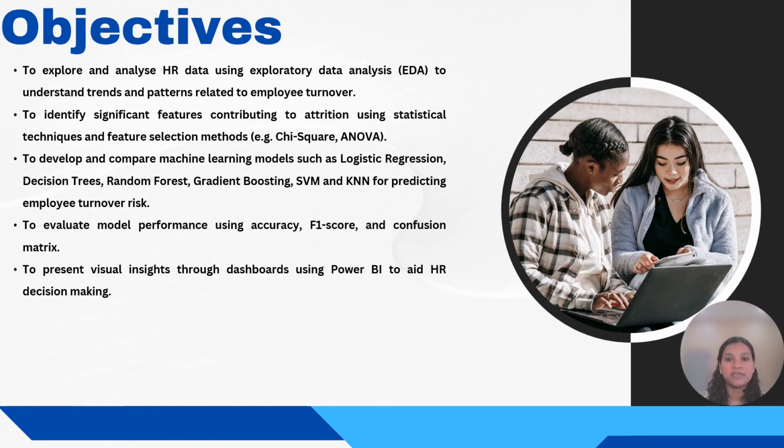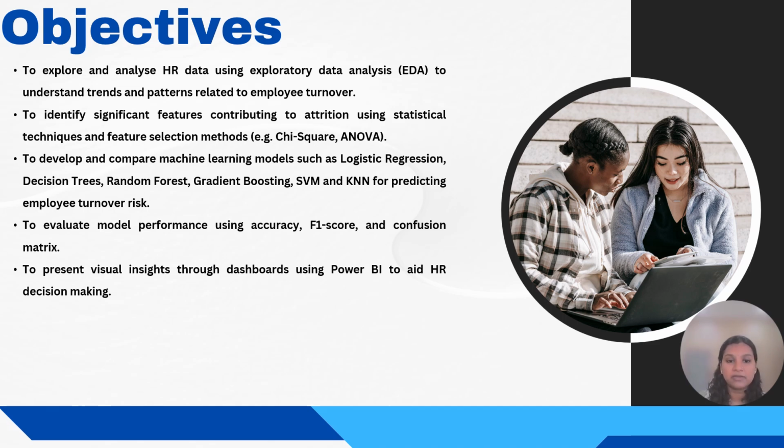The research is driven by five main objectives. Firstly, to explore and analyze HR data using exploratory data analysis (EDA) to understand the trends and patterns related to employee turnover. Secondly, to identify significant features contributing to attrition by using statistical techniques and feature selection like chi-square and ANOVA.